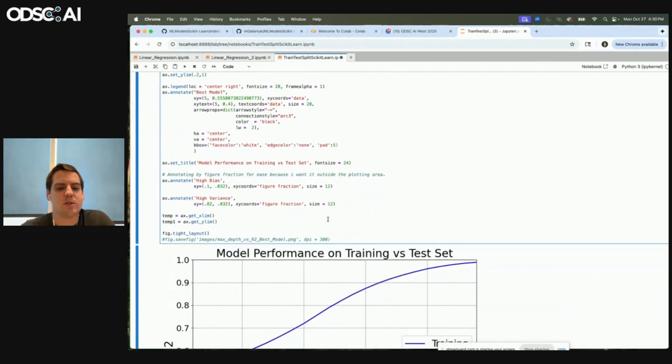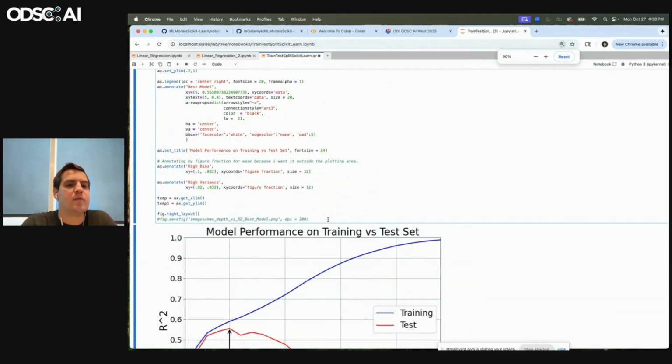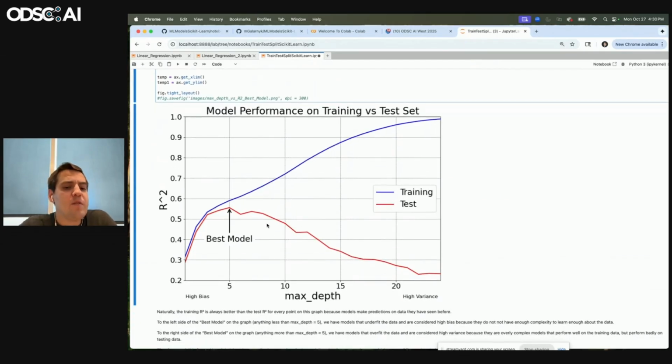You can also just do it yourself if you really love graphing things. We train the model on our training set, and we evaluate it on our testing set. And we find the best model for us is when we have a max depth of 5, because all we really care about in life is how well a model generalizes to data it hasn't seen before.